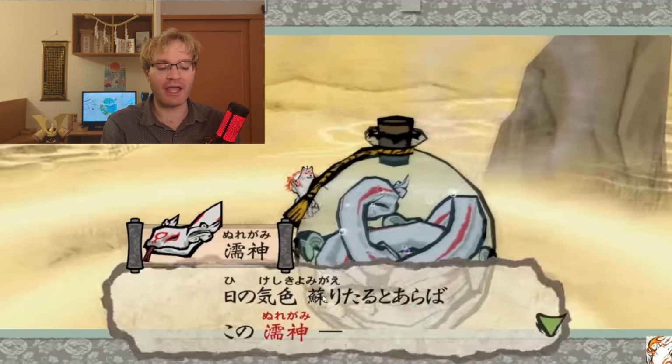root verb yomigaeru, which itself is made up of two parts. Yomi, which is the name of the Japanese underworld, okay? Yomi, and then gaeri, or gaeru, which is the verb to return. So yomigaeri means to return from the underworld. Yomigaeru, return from the underworld, which means to resurrect, to be resurrected.